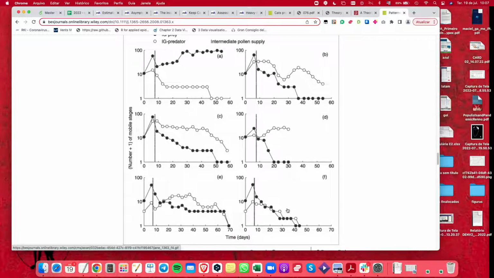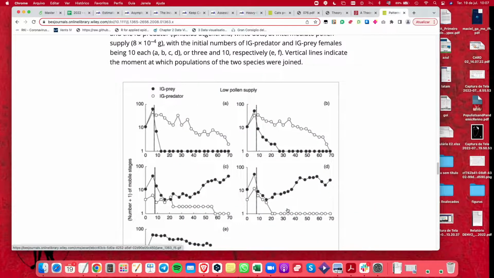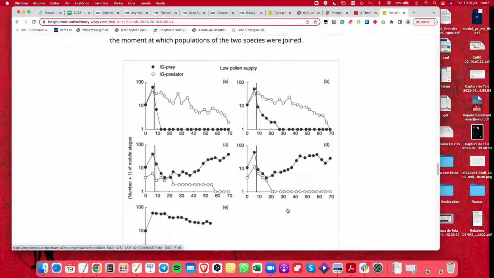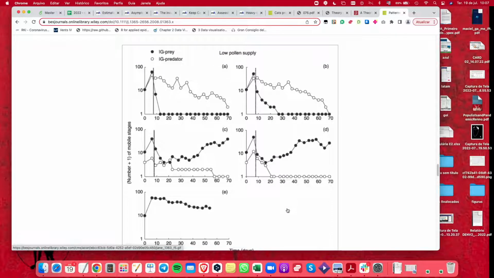So then they went on to the lower pollen. What they find is that A and B correspond to mutual elimination, and C, D and this E really have the integral prey winning the competition at low pollen supply, because at low pollen supply the competition is very strong.